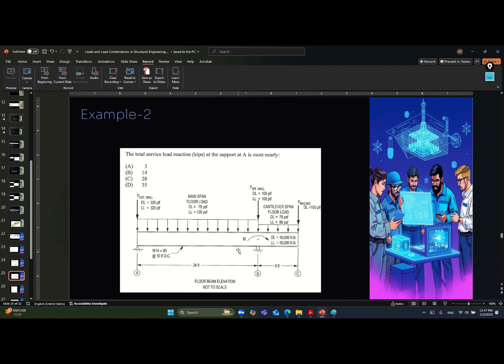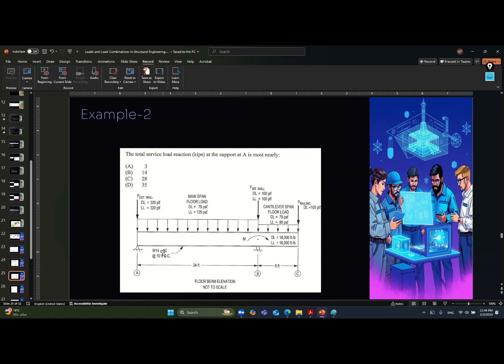However, as I told you before, the own weight of the beam will be forgotten. Okay, so don't forget about the own weight of this beam. He doesn't give it to you, but he gives the main span, the floor load, the internal wall, the railing, and so on, and he tells you that the section type is W14 multiplied by 90.